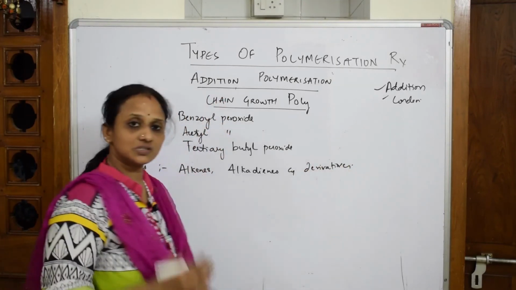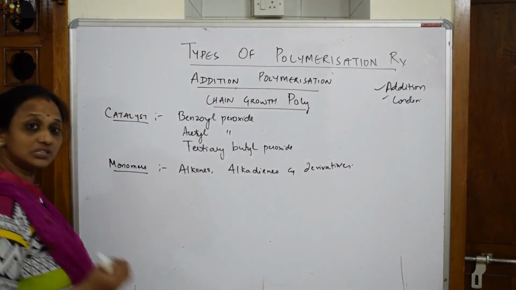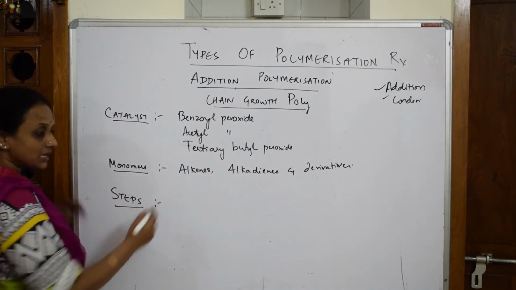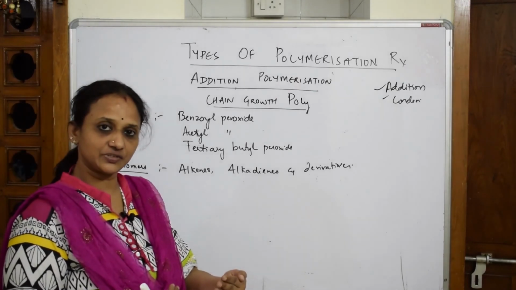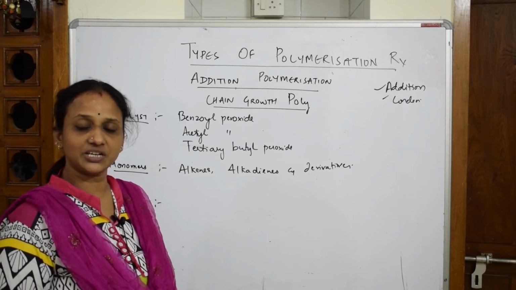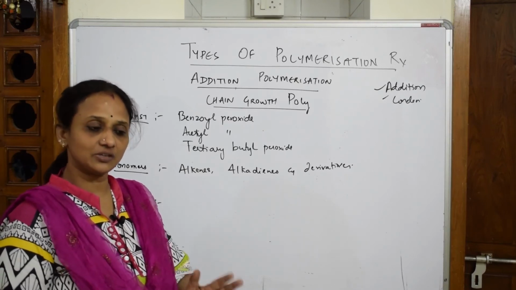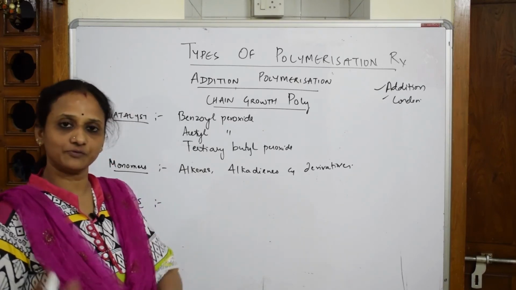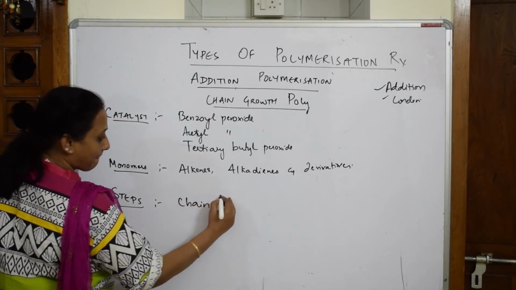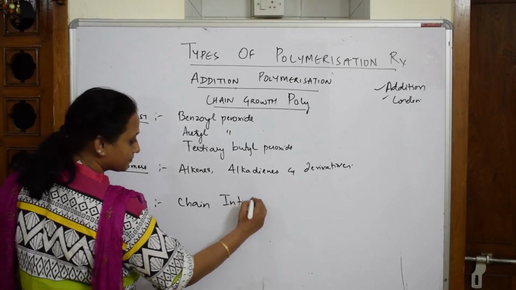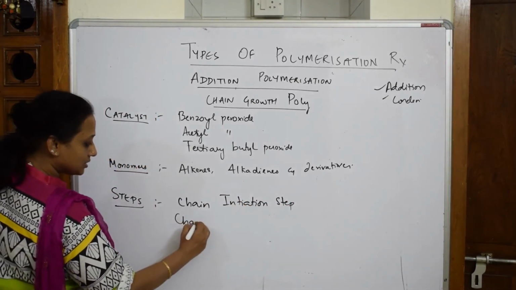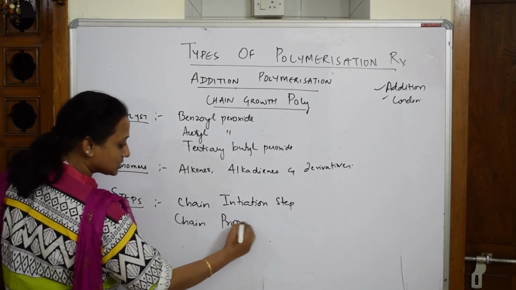Right. So this is going to increase. This is going to follow 3 steps. What are the 3 steps? Let us write the steps, then come back to the mechanism. First is the chain initiation step, that is formation of a free radical; then the chain propagation step, increase in the chain length; then the chain termination step, where the whole reaction terminates and forms a complete polymer.